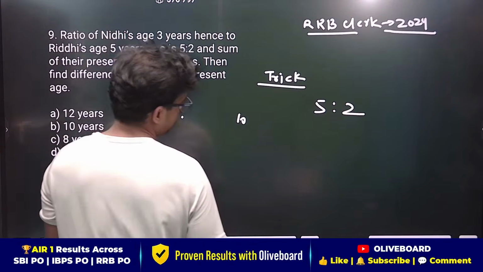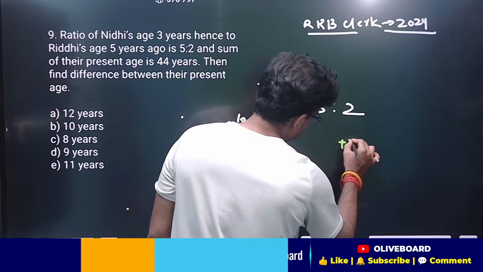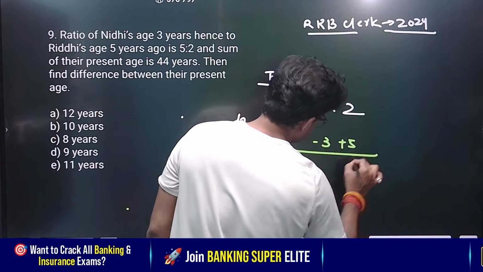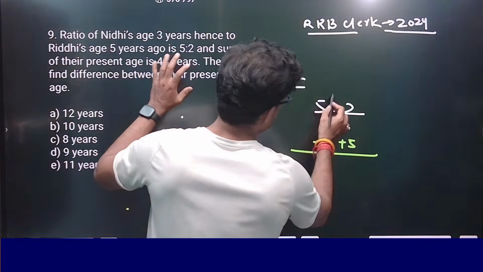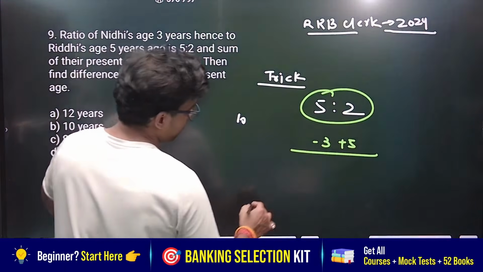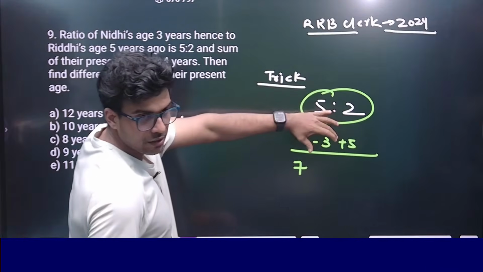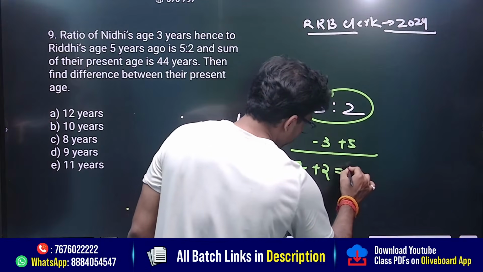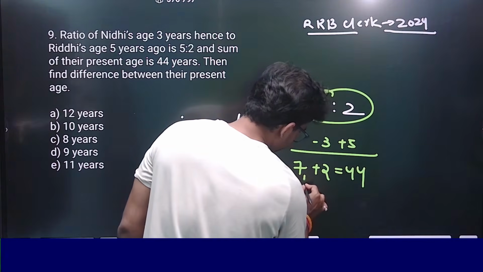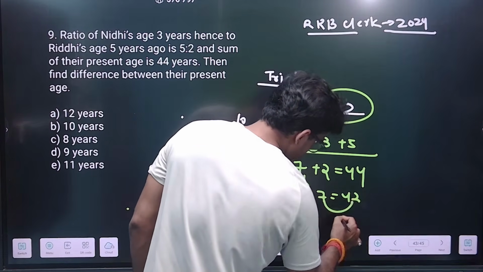Just see the sum of their ages. Sum of their ratio is basically 7. The surplus they are creating is plus 2, so 7 plus 2 equals 44. Sum of their ages, 7 is equal to 42. If 7 is 42, 1 is 6.